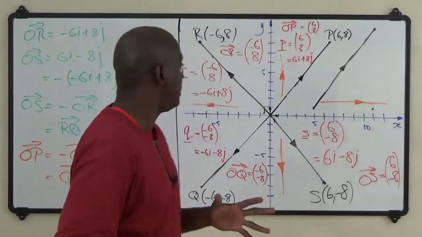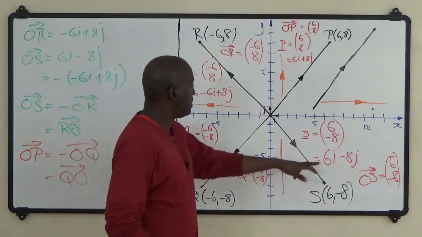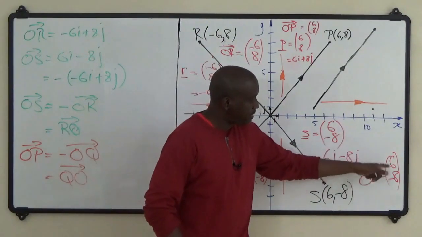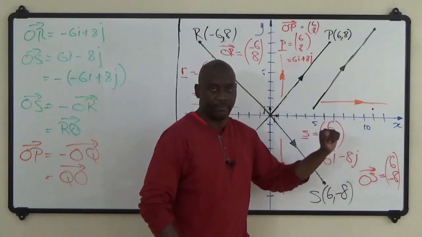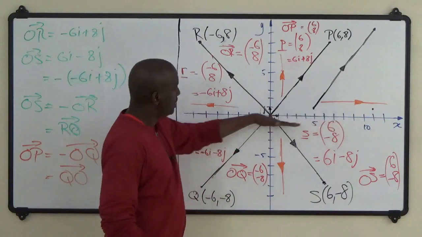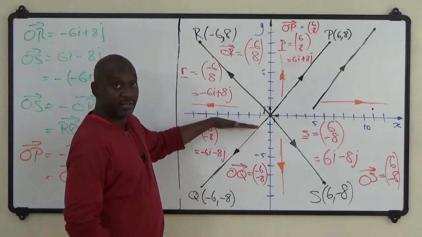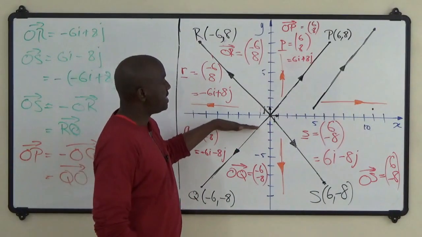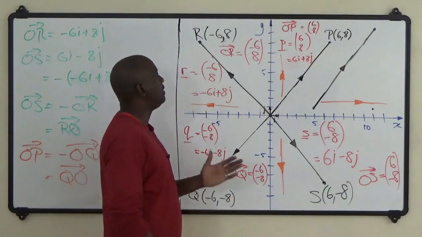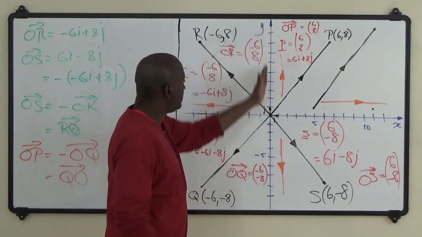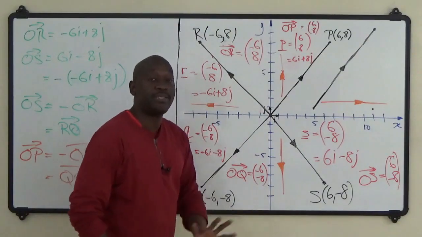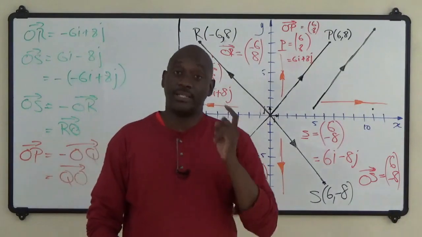Remembering, of course, that in this notation, we use the horizontal vector first, and in this notation, we use the horizontal vector on top. If the vector is parallel to the horizontal axis, if the vector is horizontal, then it means that the vertical component is 0. And by the same token, if the vector is parallel to the vertical axis, if the vector is vertical, it means that the horizontal component is 0.